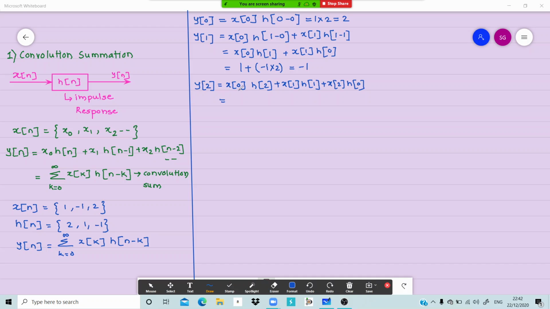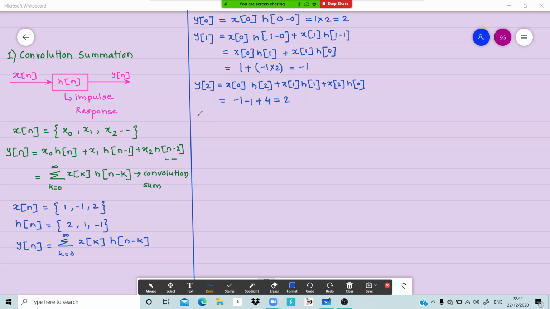So x0 h2, x0 h2 minus 1, x1 and h1, so again minus 1, x2 and h0, that means plus 4. That means you got the value to be equal to 2, right?